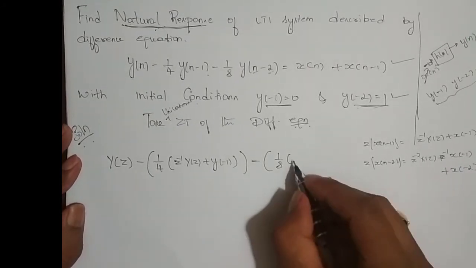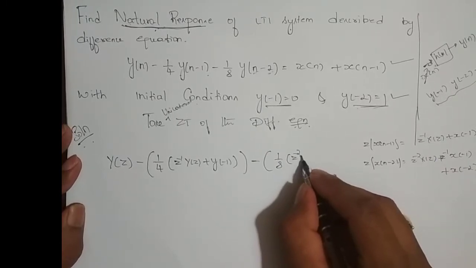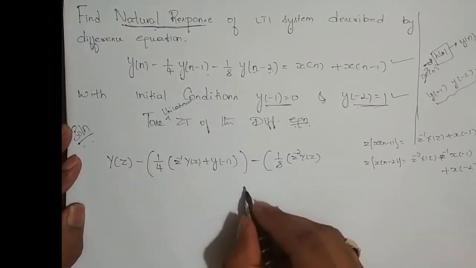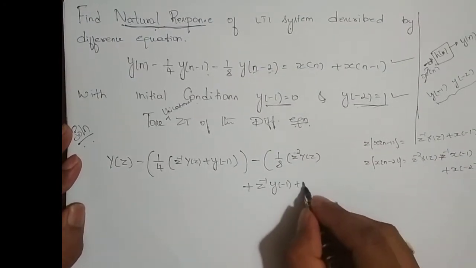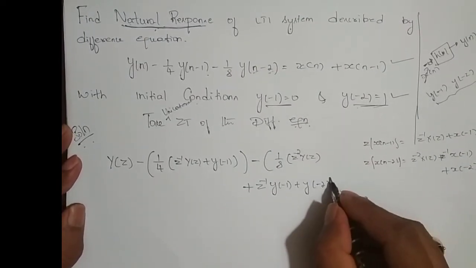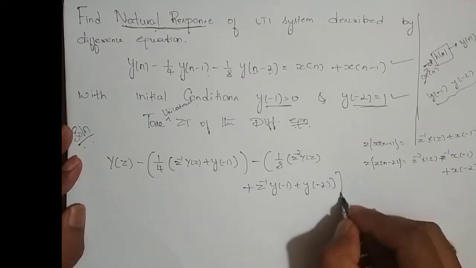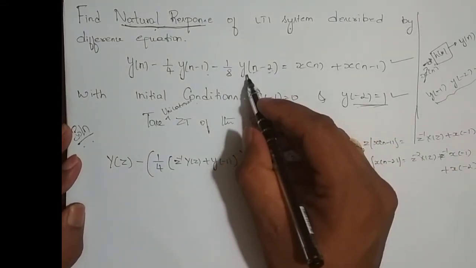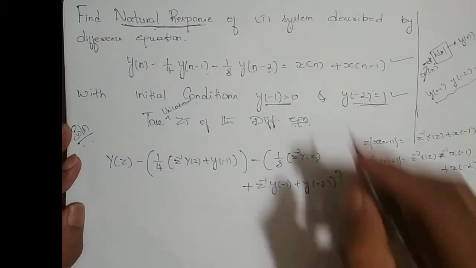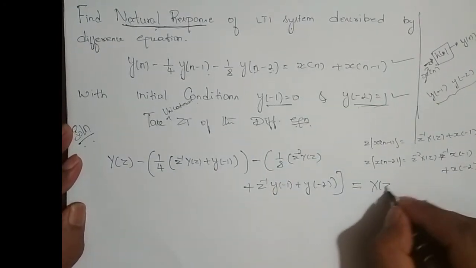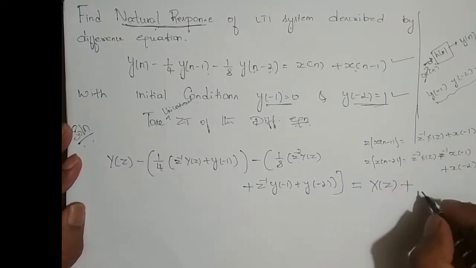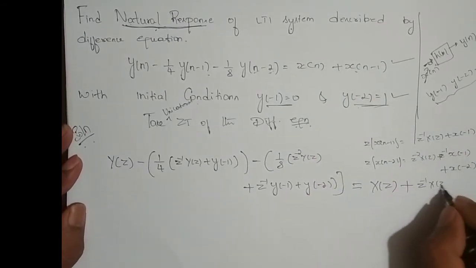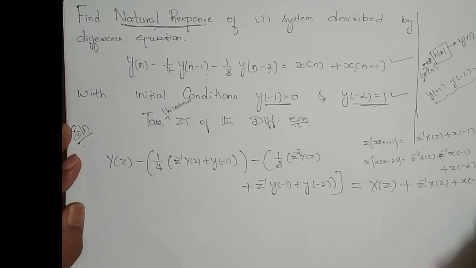So it is z power minus 2 Y of z plus z power minus 1 y of minus 1 plus y of minus 2, is equal to, what is the Z transform of x of n? It is X of z plus, what is the Z transform of x of n minus 1? It is z power minus 1 X of z plus x of minus 1.